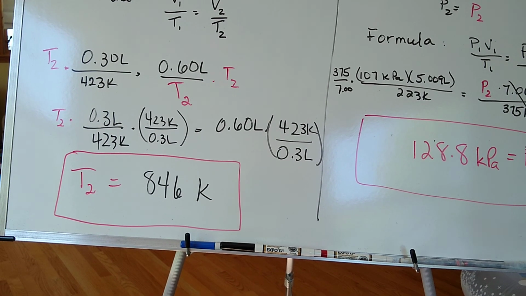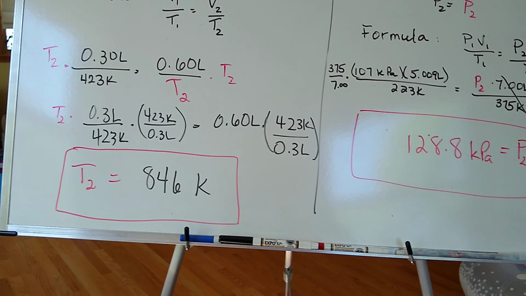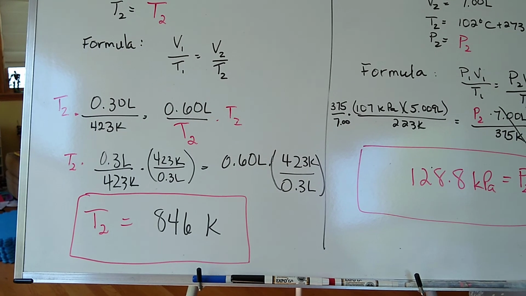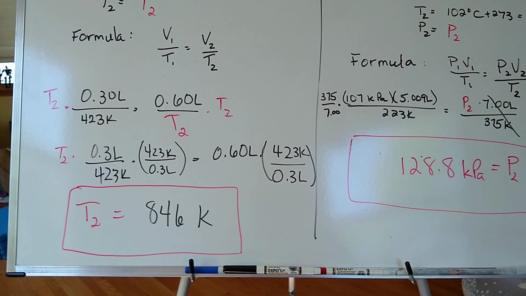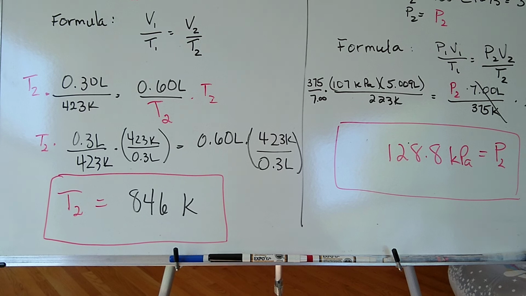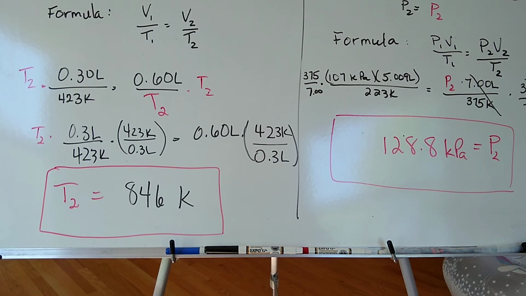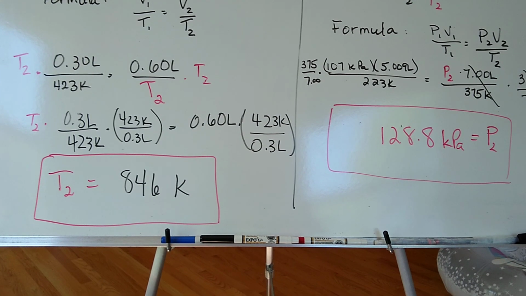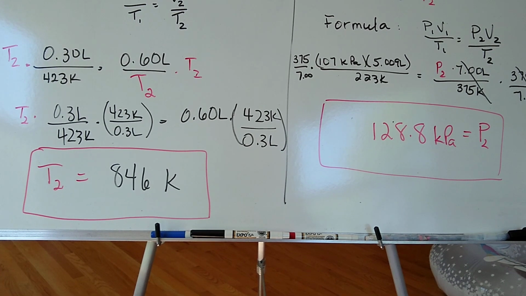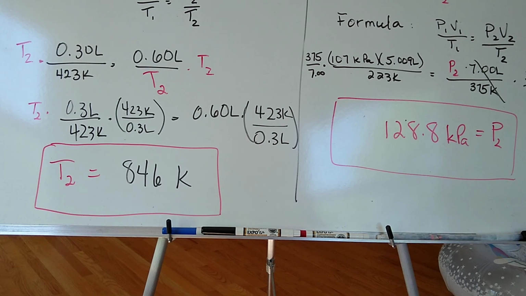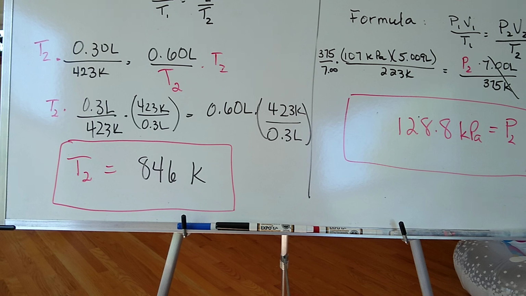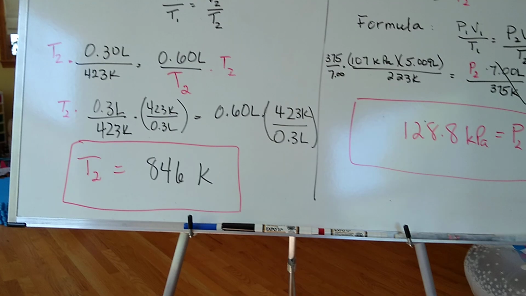And T2 is equal to 846 Kelvin. If you look at the relationship between the volume, your initial volume was 0.3, your ending volume is 0.6. It's 2 times greater. Well, look at your initial temperature, 423, and remember it's a direct relationship, so your final temperature should be 2 times greater. So 846 makes sense.